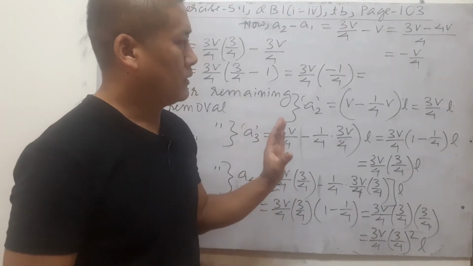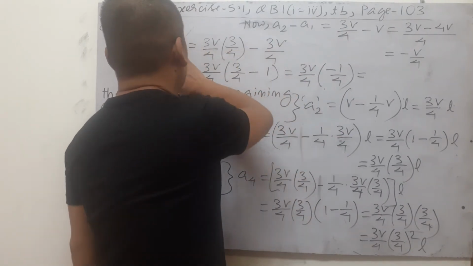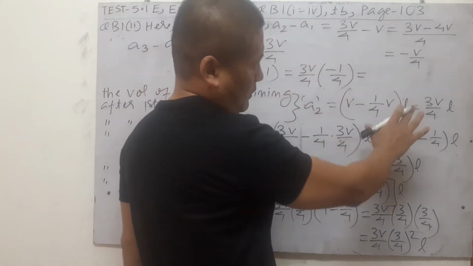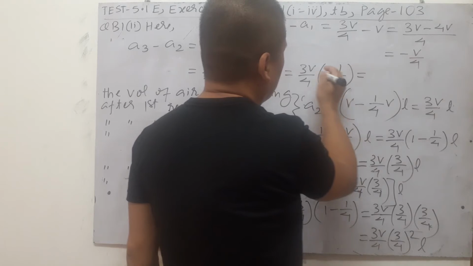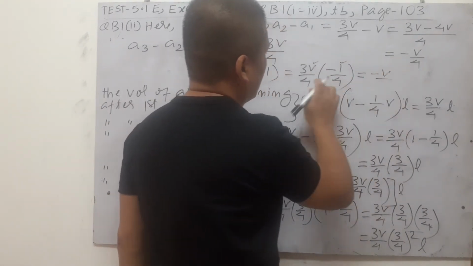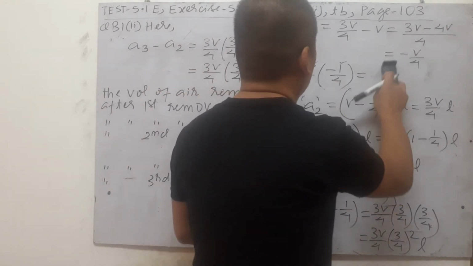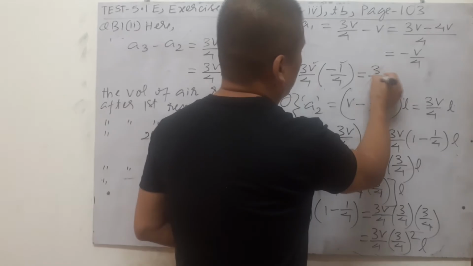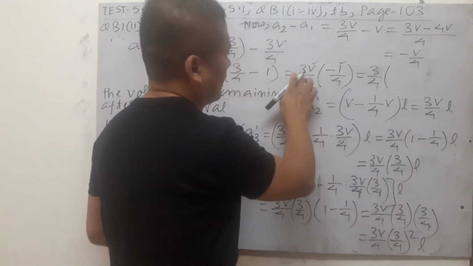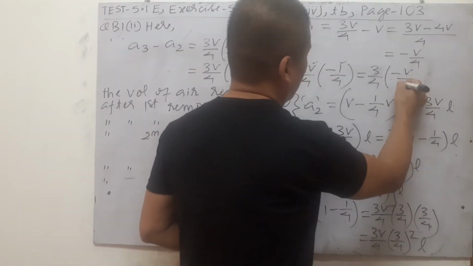A3 minus A2 becomes comparable to A2 minus A1 only when they are similar in pattern.